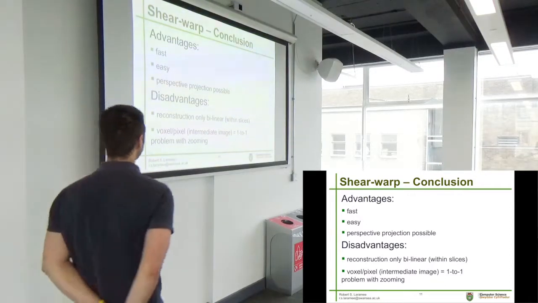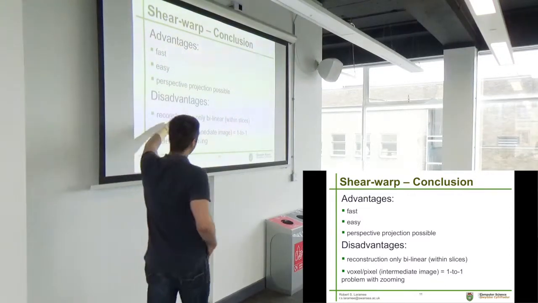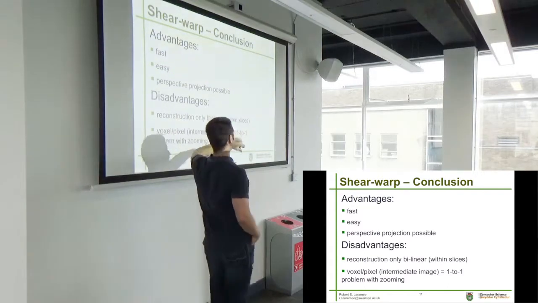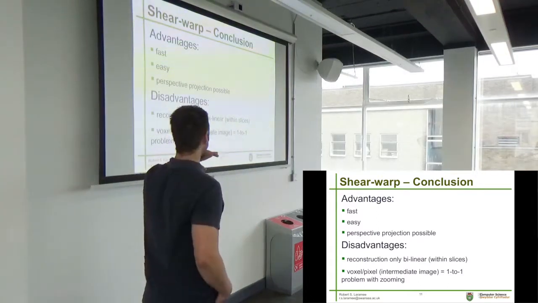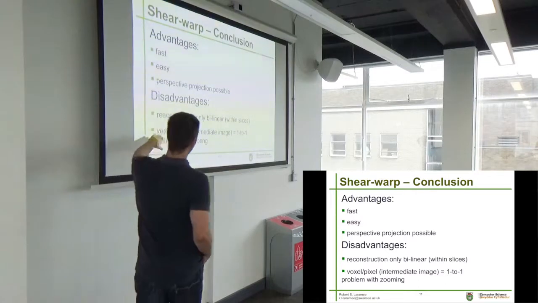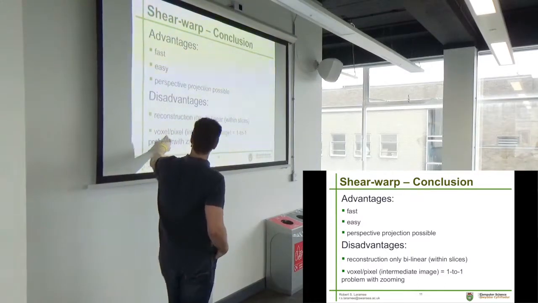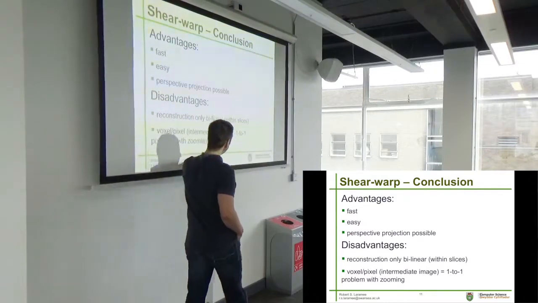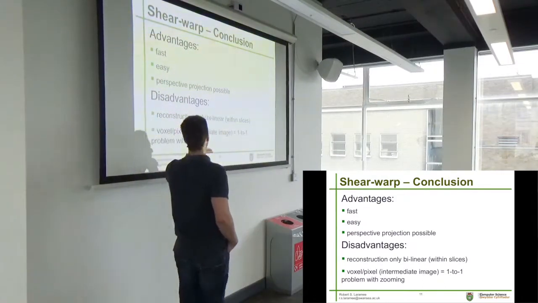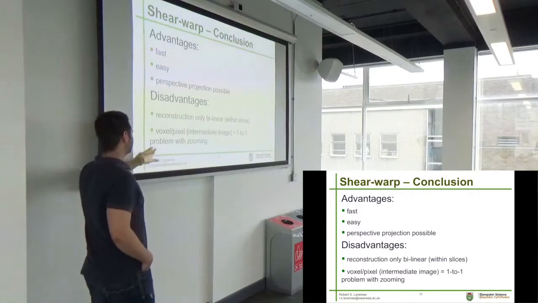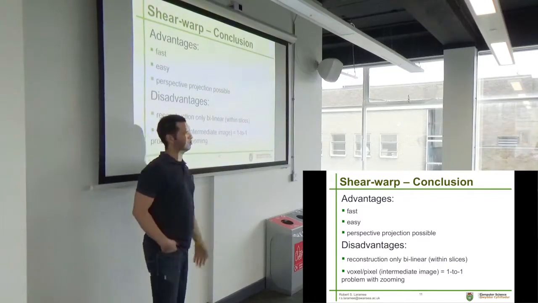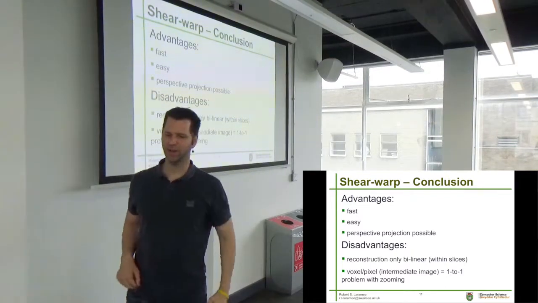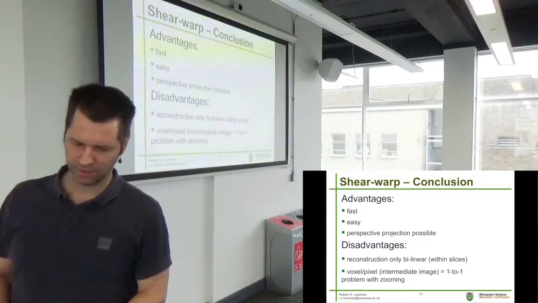So here the reconstruction is bilinear as opposed to trilinear, which makes it slightly less accurate. The voxel to pixel ratio, this magic property that makes everything so fast, which is a great thing, also can cause problems with zooming, right? Because you're not sampling, your sampling rate goes down when you zoom in.